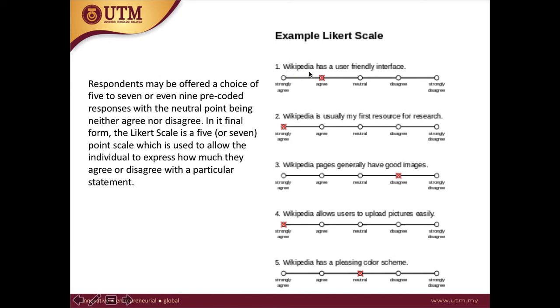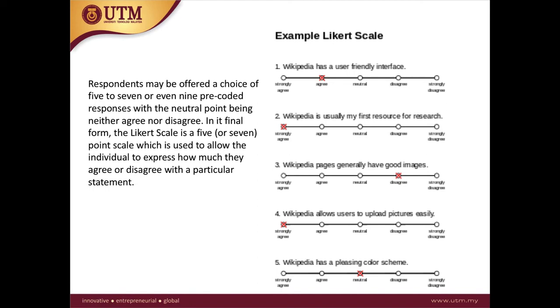For example, Wikipedia has a user-friendly interface. Do you agree? Strongly agree, agree, neutral, disagree, and strongly disagree. So Likert scale normally has an odd number, 1, 2, 3, 4, 5, or maybe 7 or 9, things like that. But I'm not saying that an even number is wrong, but normally researchers go for odd number.